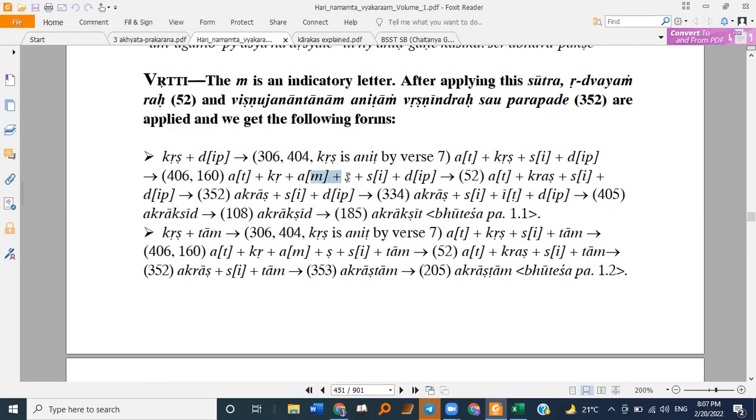Because it has Ma Ram as indicating letter, so Antya Sarveshwarat Param Mitaha Sthanam. We insert after the last Sarveshwara. So that's here. Kri Yukta Yukta Shra. Then Ridvam Raha is done. And then we do Vishnu Janantana Manitam Vrishnigraha Sau Parapade. You do Vrishnindra. Then Shadho Kasi is done. And Sha turns into Ka. And we get Akraksit and then Ishvara Harimitra Akrakshit.